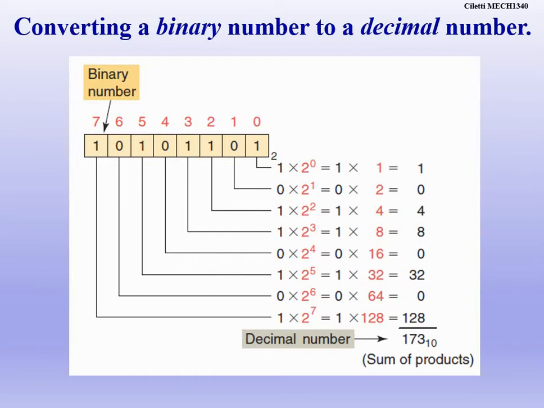Then 0 times 2 to the 4th, so 0 times 16, which is 0. Then 1 times 2 to the 5th, so 1 times 32, which is 32. Then 0 times 2 to the 6th, which is 64, so 0 times 64 is 0. And then 1 times 2 to the 7th, which is 128, and 1 times 128 is 128.